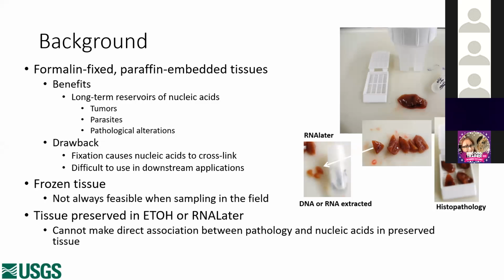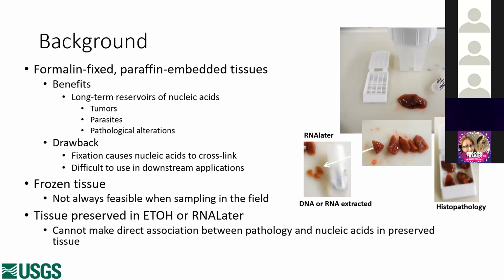But the drawback of trying to use FFPE tissue in molecular applications is that fixation causes the nucleic acids to cross-link, specifically the formalin in the fixative. And then it's really difficult to use these samples in downstream molecular applications.